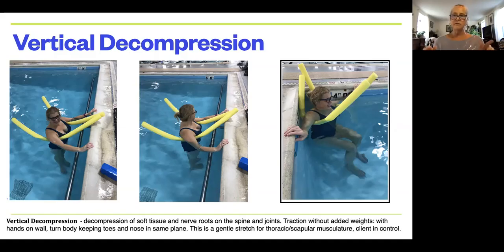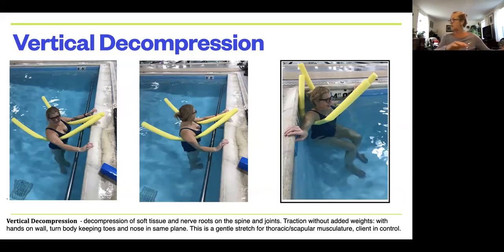And you have the individual turn, so if their hands are on the wall, I'm going to move back so you can see my arms a little bit. Their hands stay on the wall, so they're disassociating the rib cage, and the scapula is moving on the rib cage as opposed to doing any kind of twisting. The nose, the belly button, and the toes all go in the same alignment, back and forth.